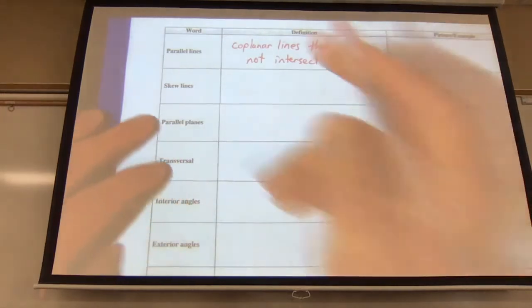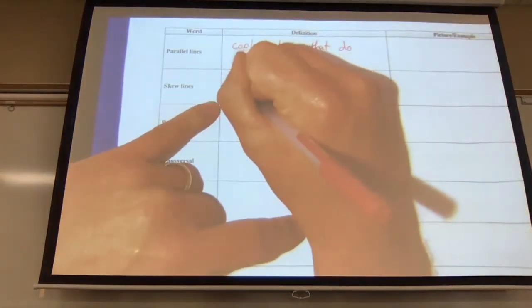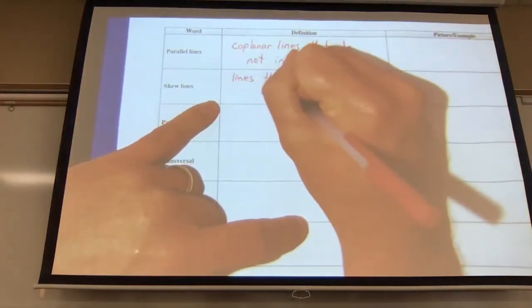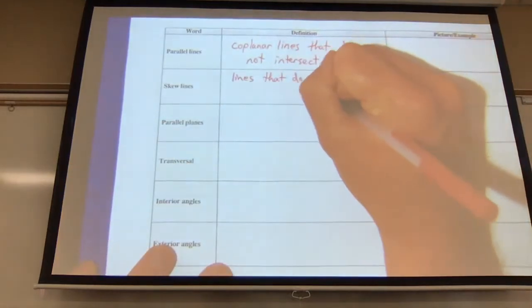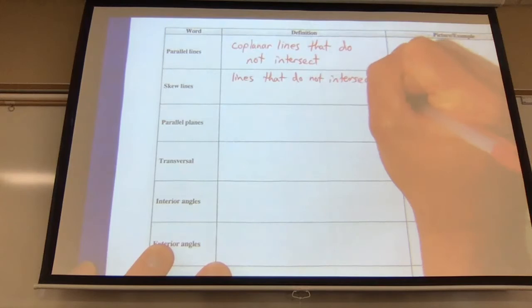Now, skew lines are also lines that do not intersect. The difference here is they're not going to be on the same plane.